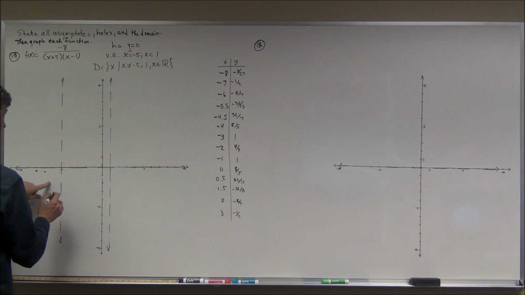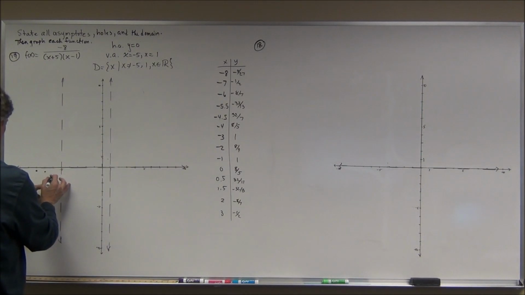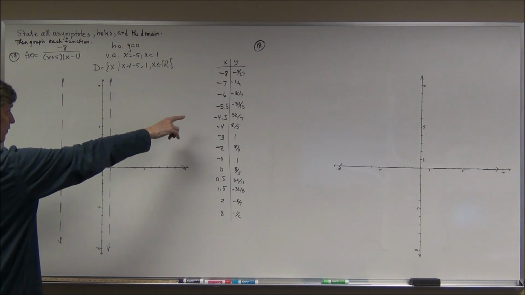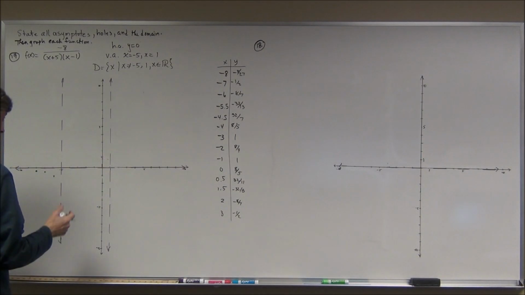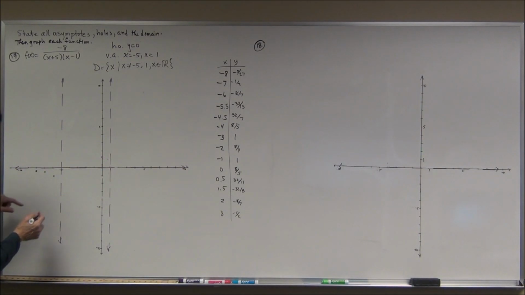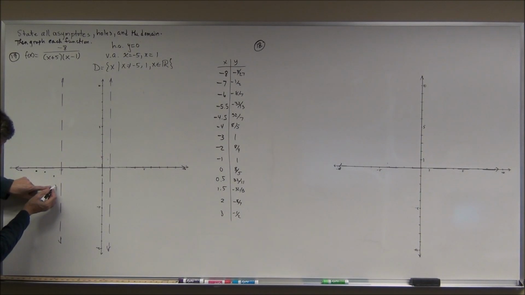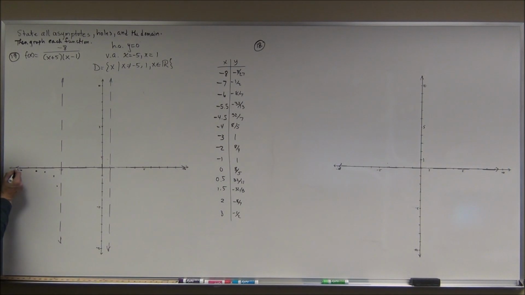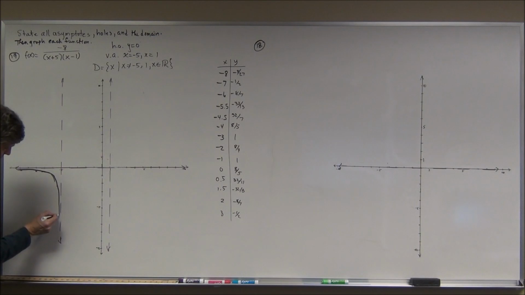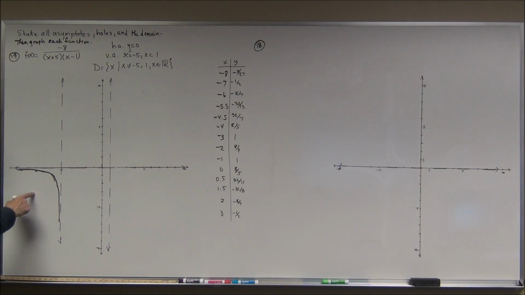Then I have -6, that's like -1 and some change, so about here. Then at -5.5, that's like between -2 and -3, probably about here. And you see how your graph is looking? Make it look like a nice smooth curve. That's this part of the graph.